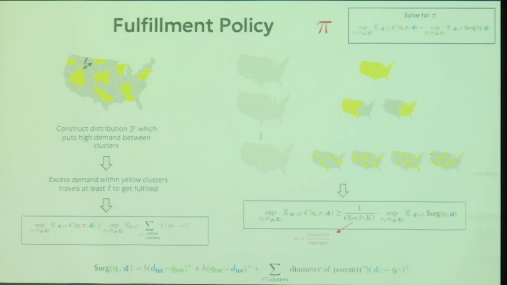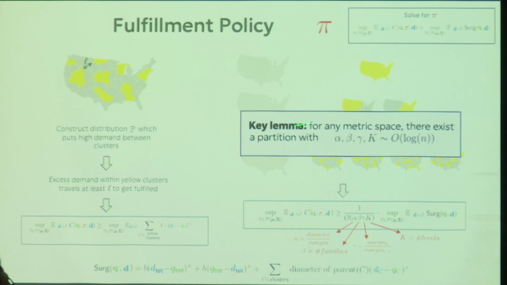You have many parameters here: alpha, beta, gamma, and k. These are all parameters of the clustering. And in fact, let me just tell you this. For any metric, we can get such a clustering with all these parameters of order log n.